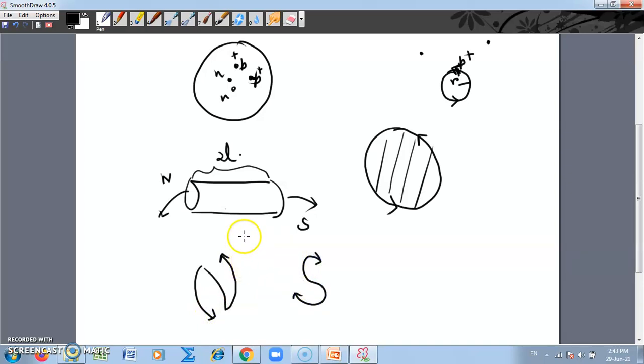So when you look at a face of the coil, the side which looks this way, look at this, is this not anti-clockwise? So that side will be north. For us, on this front surface the current is flowing in the anti-clockwise direction, so this must be the north pole.